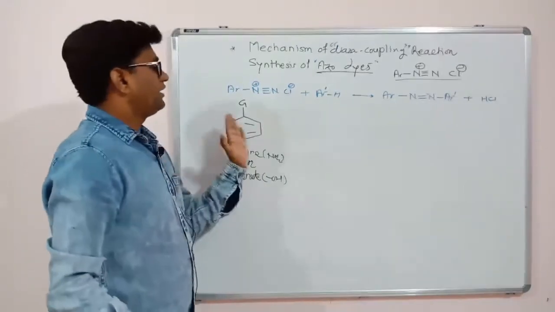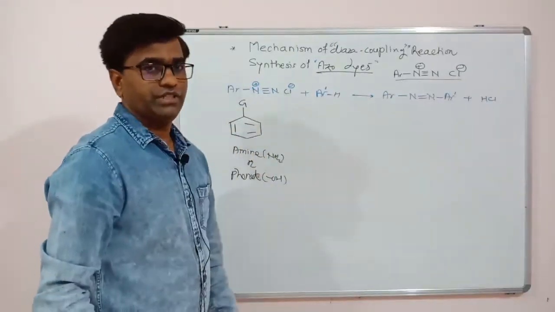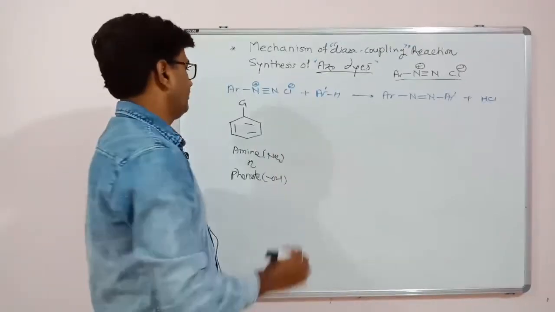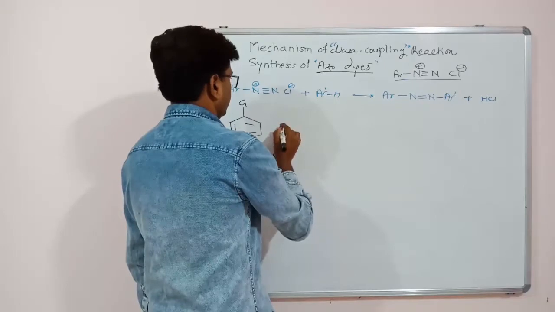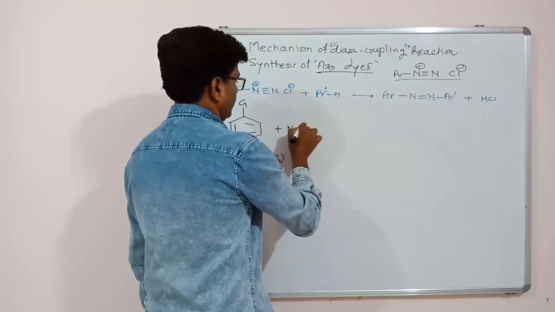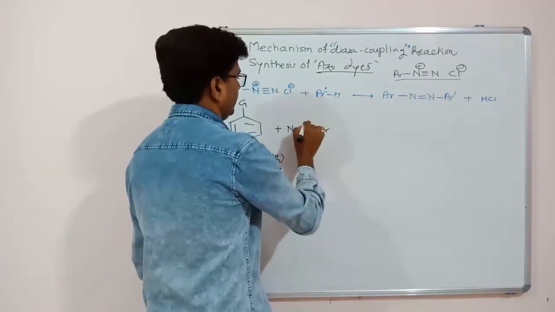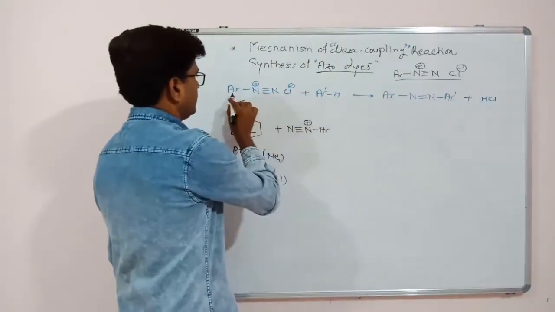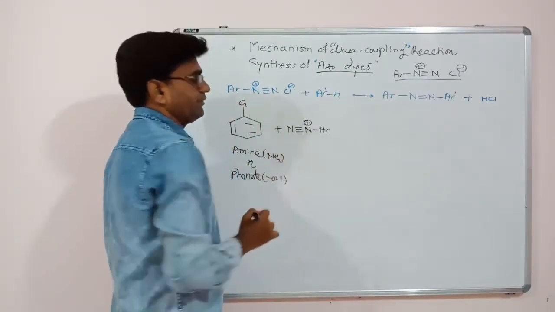So this ring must be activated, then only it will react with our electrophile, as our electrophile is weak in nature. Now we will write our electrophile, that is N triple bond N Ar. I am writing it in the opposite manner, just N triple bond N Ar.